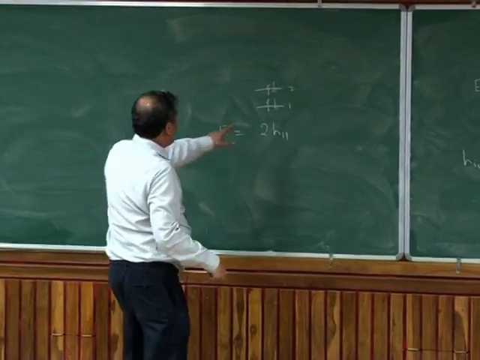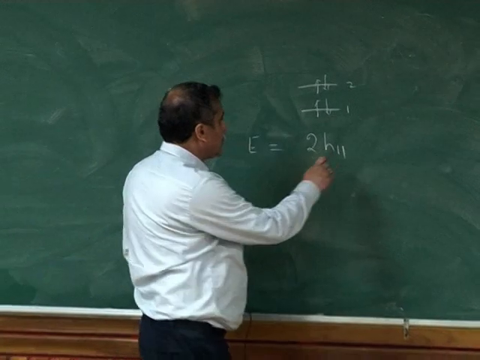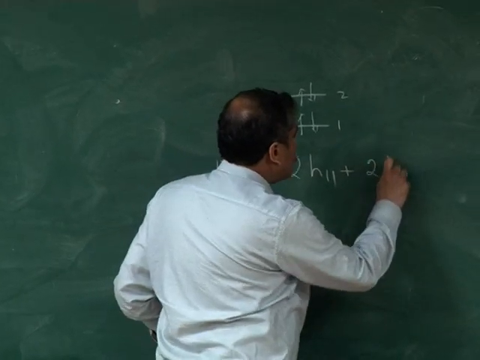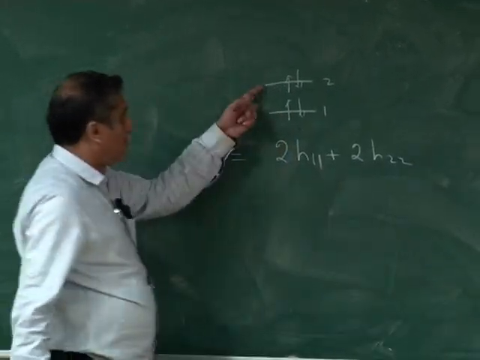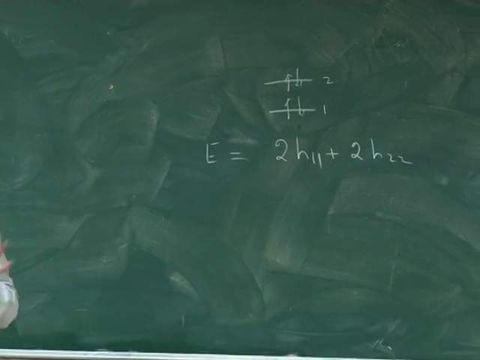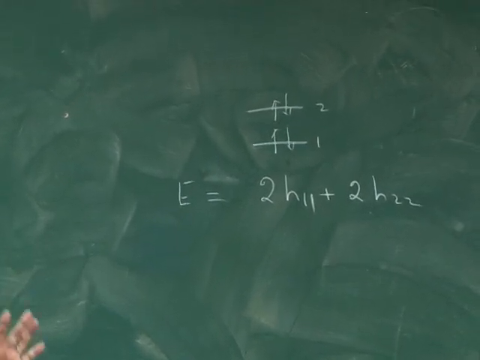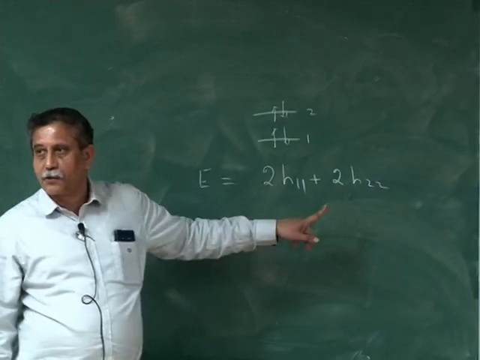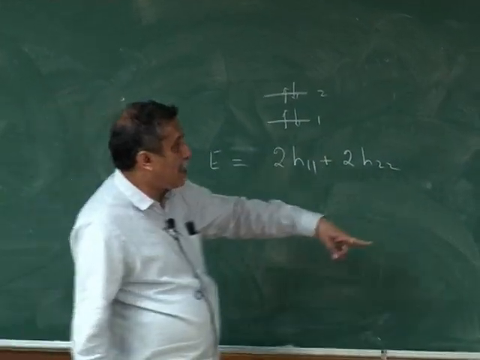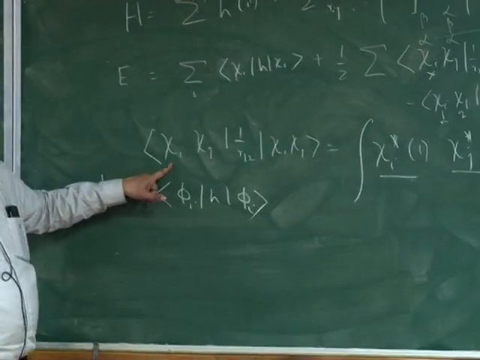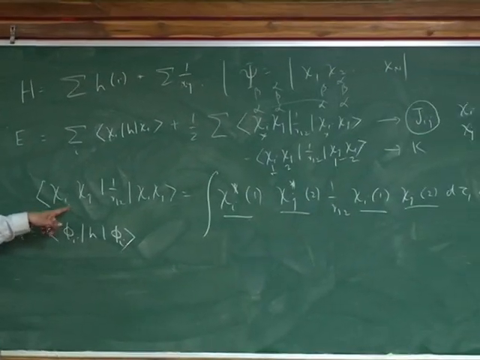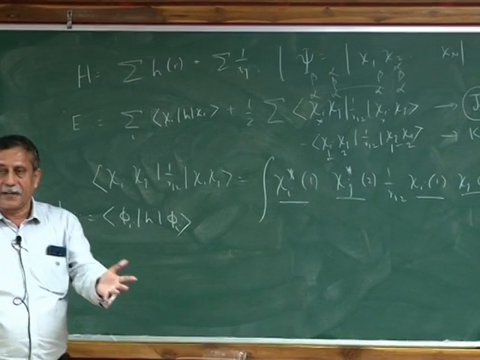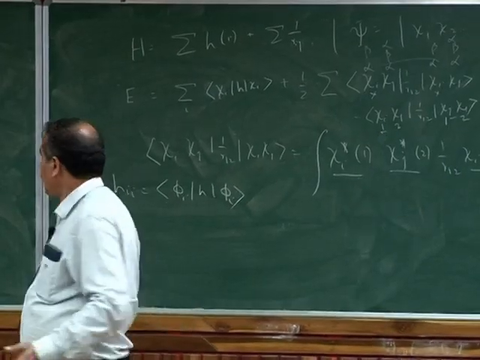So this has 2 for this electron, this orbital, plus 2 H22 for this. So we have 4 1 electron terms, 2 of them are H11, 2 of them are H22. It's very easy to understand this because chi is basically phi1 alpha, phi1 beta, phi2 alpha, phi2 beta. All the 4 chi's are there, so you can easily do this spin integral.